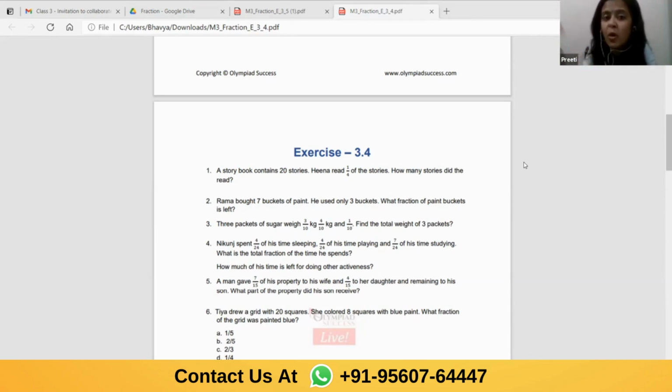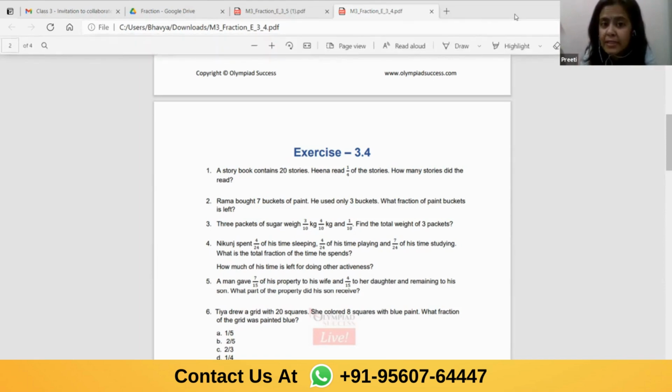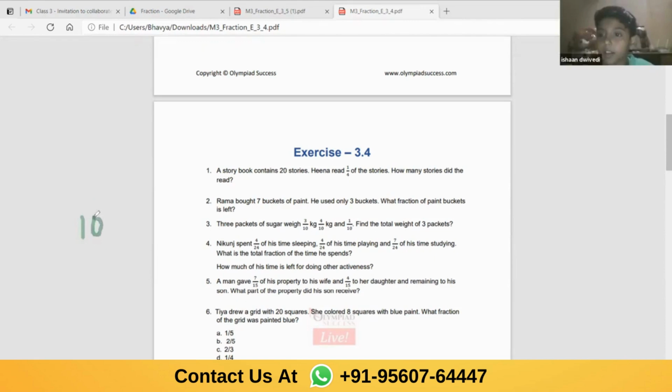The denominator of your answer is also 10 only. So, ma'am, it is 8 by 10. Exactly. I hope the doubt is clear, Ishan.